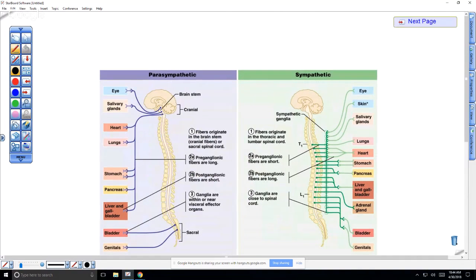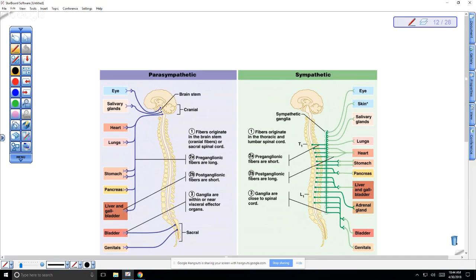Okay, so this shows the cranial sacral outflow. So notice that the preganglionic axons are very long. Notice that the ganglia are located close to all of these organs, so that my postganglionic axon is very short.